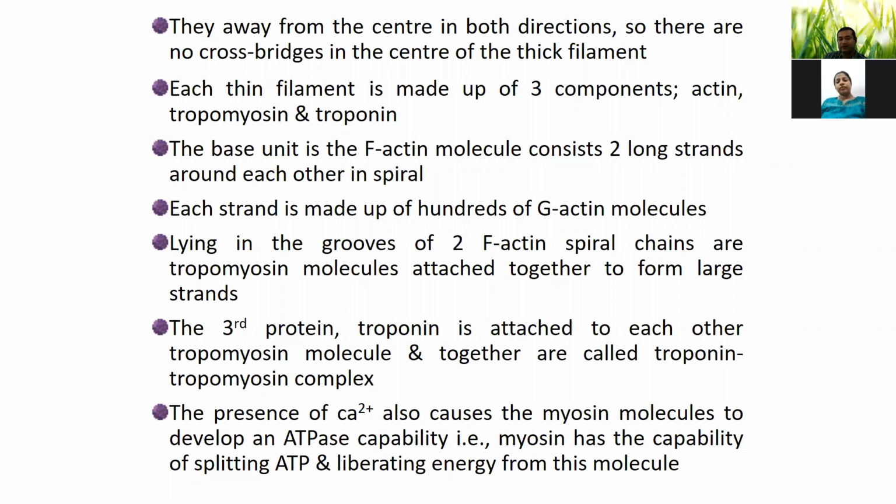The third protein, troponin, attaches to each tropomyosin molecule, and together they are called the troponin-tropomyosin complex. Whenever contraction or relaxation occurs in respect of these actin and myosin filaments, this troponin-tropomyosin complex is essentially required. It puts the whole muscle in a contracted or relaxed position.